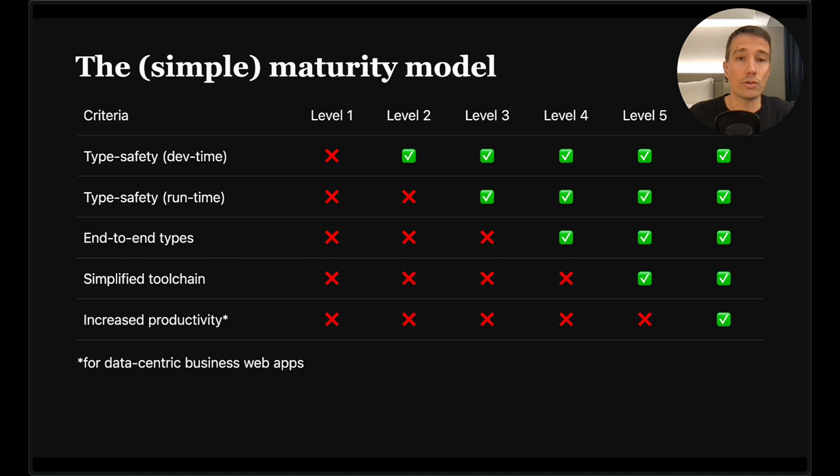We achieved end-to-end types and a generated API client using OpenAPI and Zodios. We simplified the toolchain using a multi-module project and a unified build configuration. And finally, we made a big step forward in terms of productivity and functionality using a full-stack framework like Hilla.